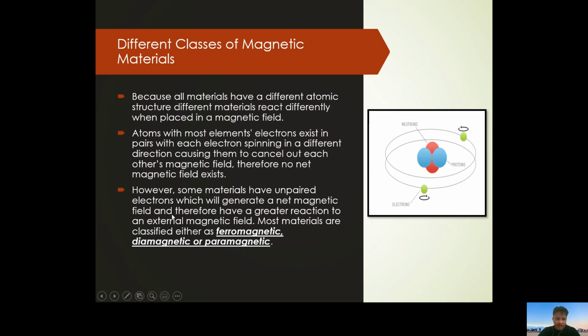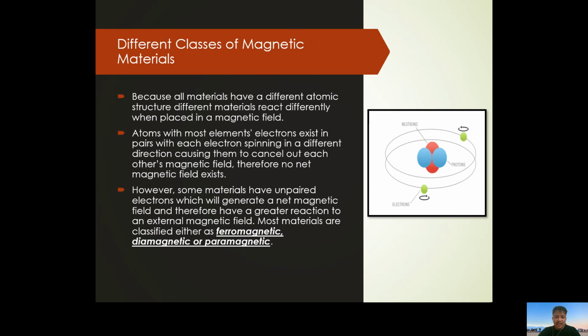However, some materials have unpaired electrons which will generate a net magnetic field and therefore have a greater reaction to an external magnetic field. Most materials are classified as either ferromagnetic, diamagnetic, or paramagnetic. These are mainly the three different classes of magnetic materials.